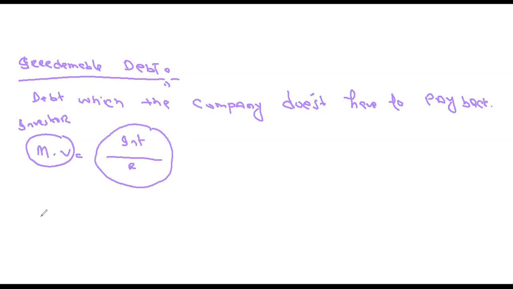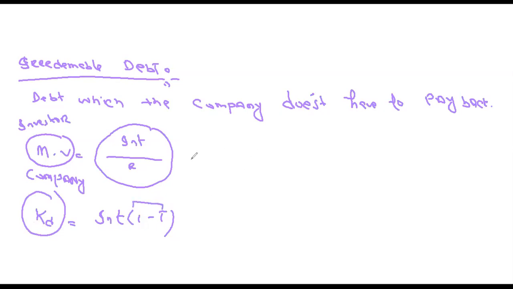Now, if we want to find the KD of irredeemable debt, it will be interest times (1 minus T), because KD is calculated from the company's perspective, and the tax authorities allow companies to claim tax savings on interest payments.